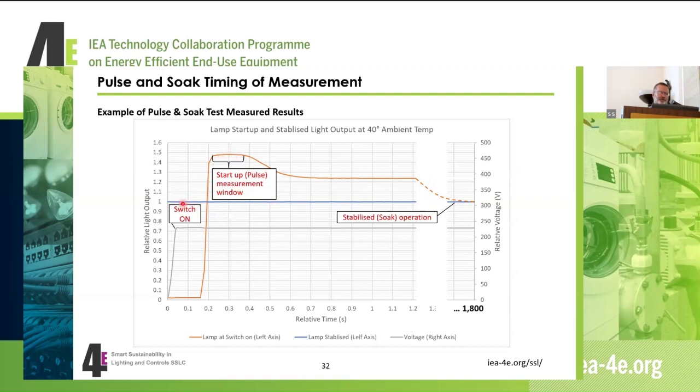The soak is then the value that we would measure at that stabilized level later on. It's quite different for different products. So that 1.5 level for the pulse, for some products it might only be 1.1, 1.15, etc. It can vary. So that's why we do the testing.